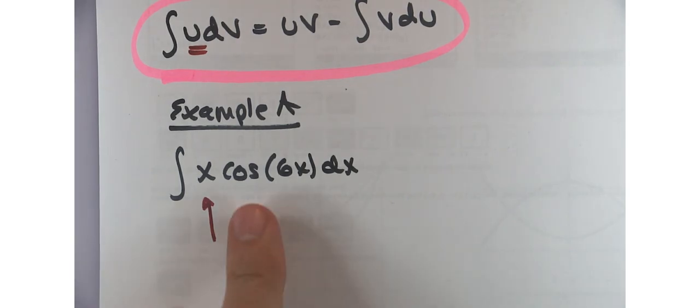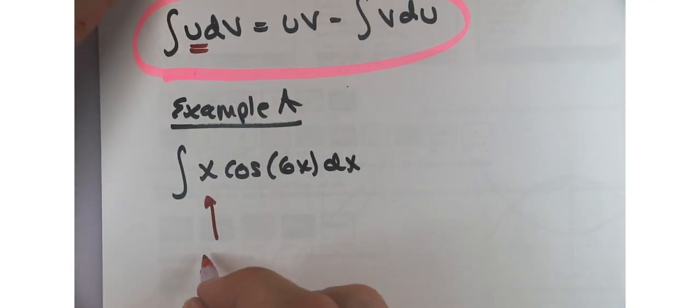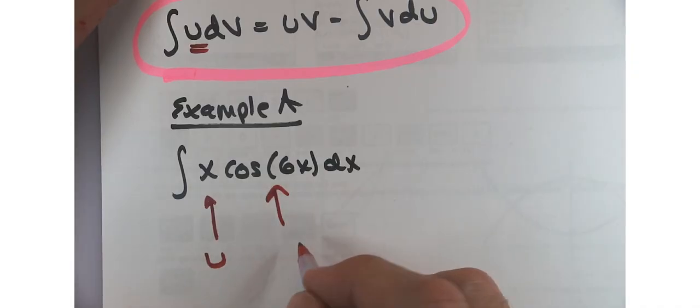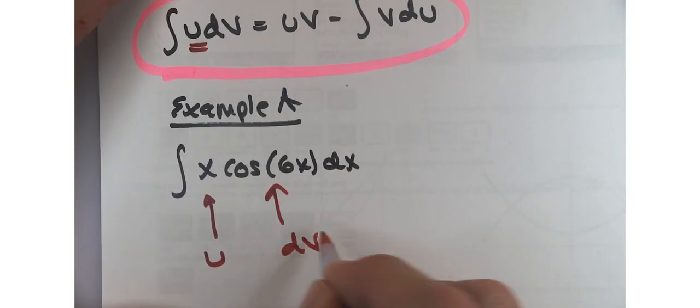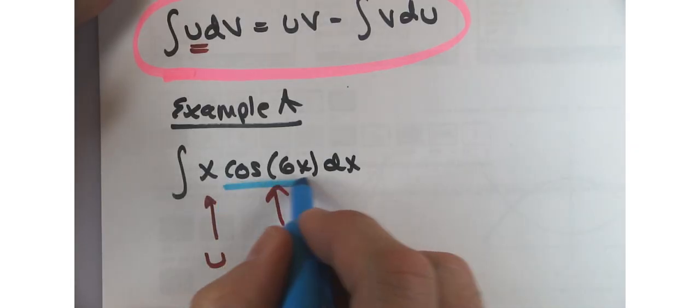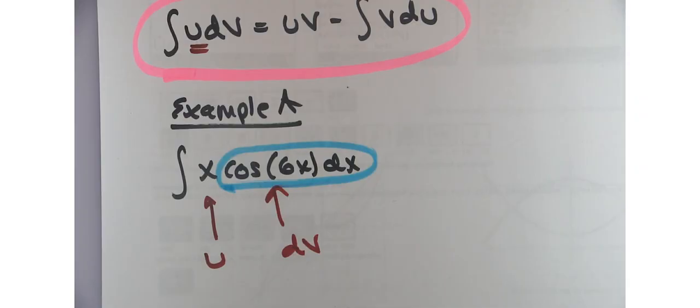And this choice is going to be something that's not too bad to integrate. You are going to have to integrate this other thing here. So I'm going to let that be my u, and this is going to be my dv. And by this, I should make sure that you realize I'm talking collectively. The whole thing, cosine of 6x dx.